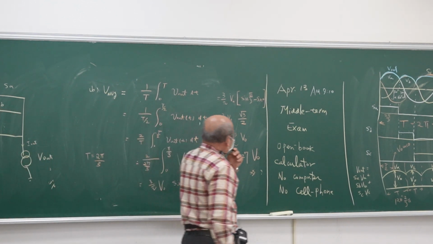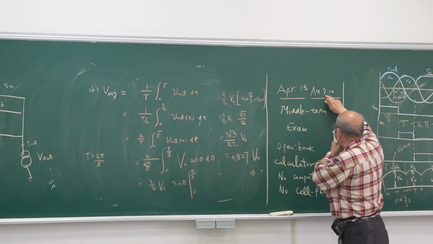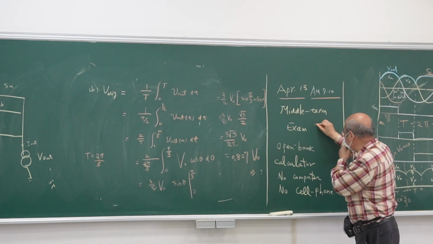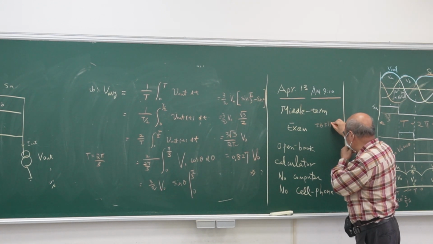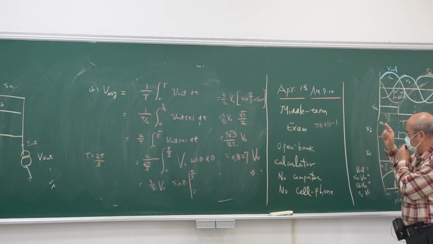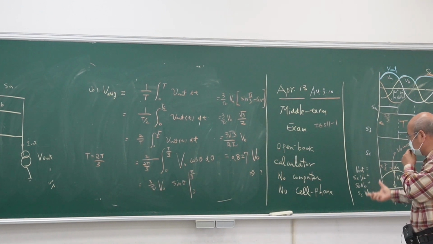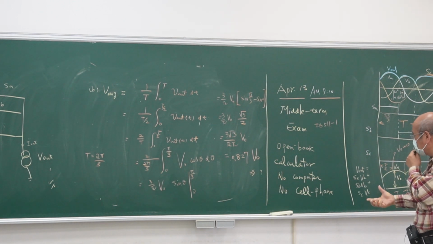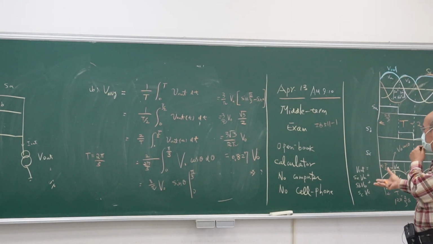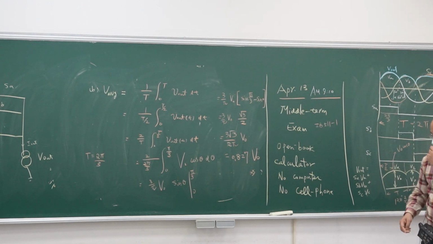Our midterm exam is April 13, starting at 9:10 in this room. It will be open book, so you can bring your notes, your book, and your assignment, everything, and a calculator, because you need to calculate.